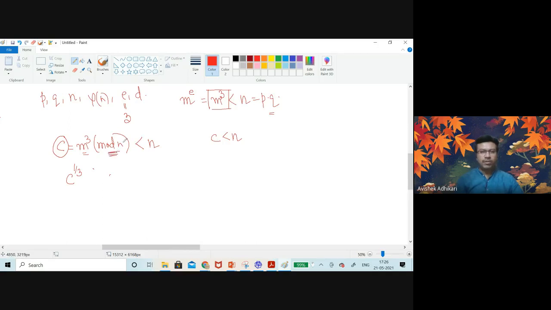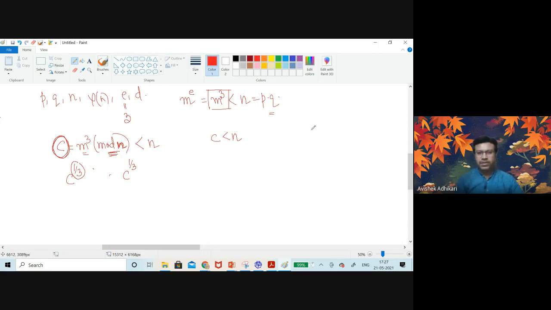Because in most cases this value will go out of n, and as a result when you take modulo n, it will suddenly come down within the range 0 to n minus 1. But as you understand, this exponent is quite small, so you can very easily take the 1/3, that means the cube root of this, and you know that this is an integer. Modulo n is playing nothing here, because this value is strictly less than n.